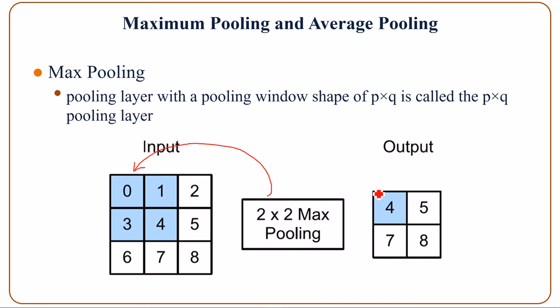So we have 4 for the first element in the output. And then do that again. We shift the pooling window to the right, and then take the maximum, which is 5. That is the second element in the output.